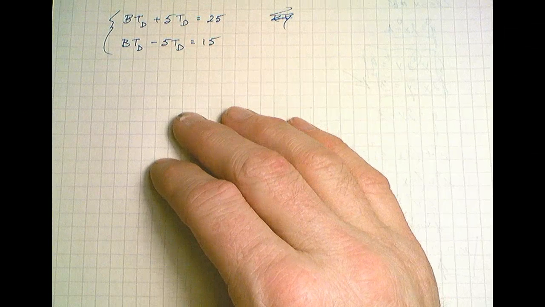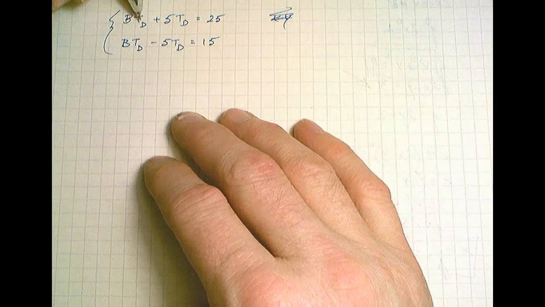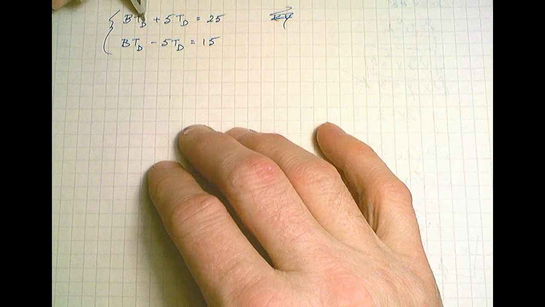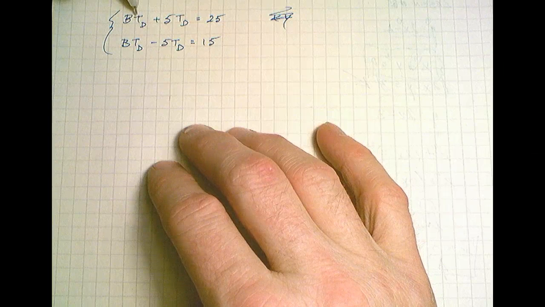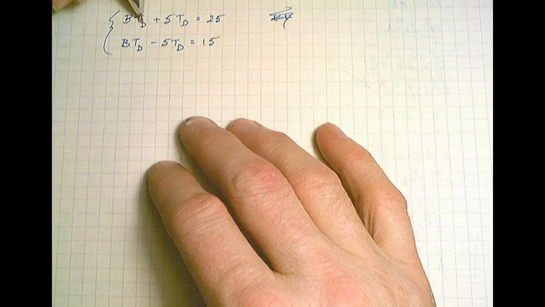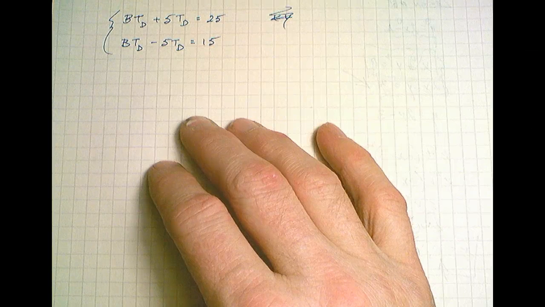It's the same thing with this BT here. Okay, this D here is a subscript because it's just telling you a little more information about what this time is. So for instance, let's say that this was the time that you took your boat down the river, compared to going up the river.